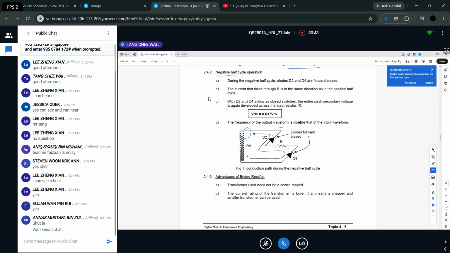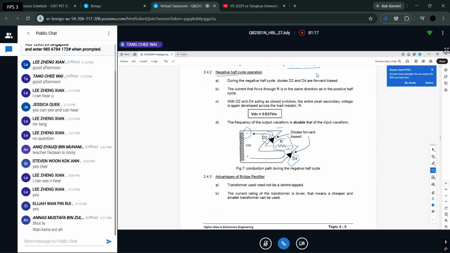But now the current doesn't flow in the manner that I just showed you. It goes from positive to negative. So in that sense, you still flow through R in the same way as D1 and D3 did just now. The current flows from the positive to the negative end. So the direction of the current flow through R is the same, positive to negative, because now D2 and D4 are forward bias.